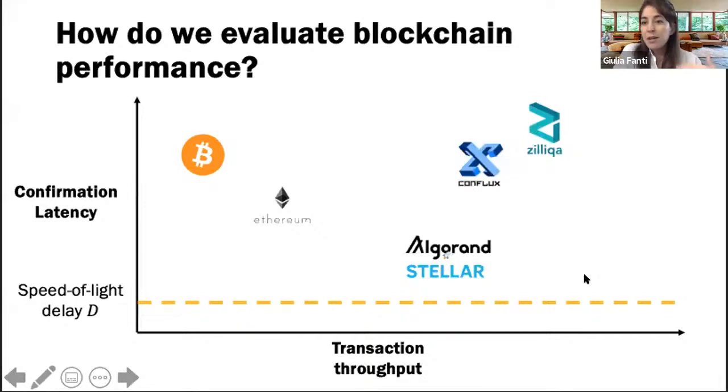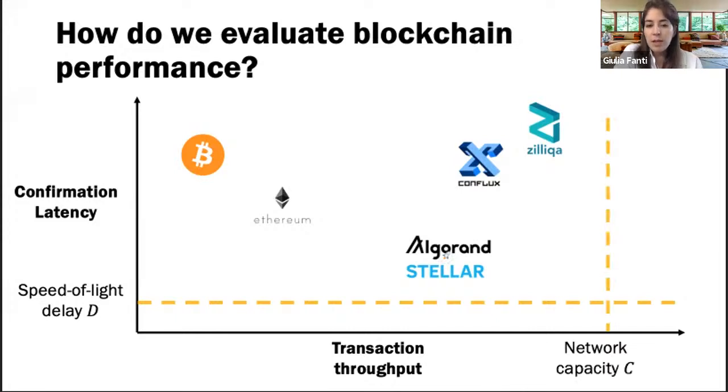Now, there are some fundamental limits that we just can't exceed. On the latency side, we can't go faster than the speed of light delay. This is the delay it takes to transmit a transaction from one node to everyone else in the network, so it is a lower bound on the latency we can achieve.